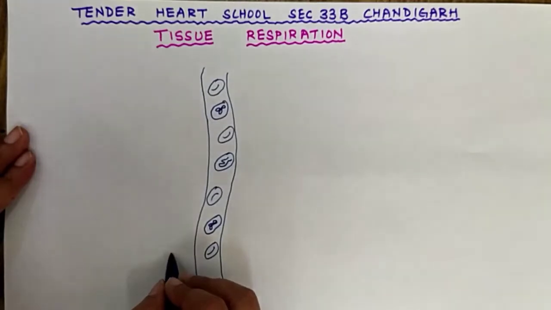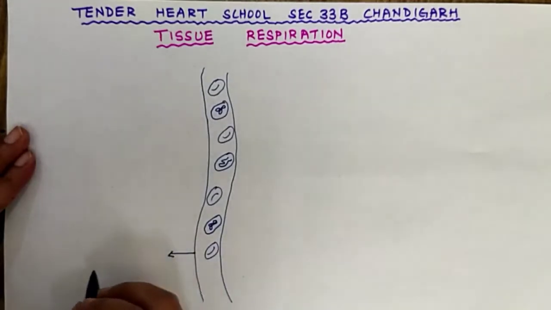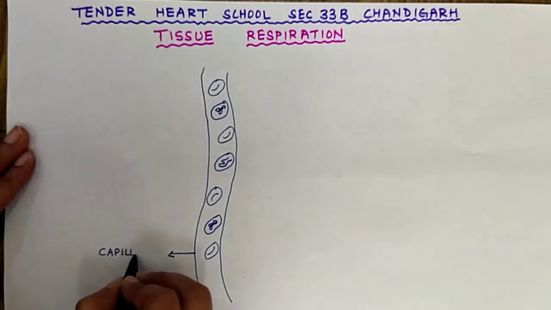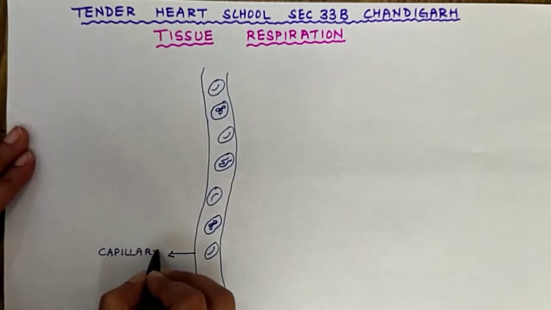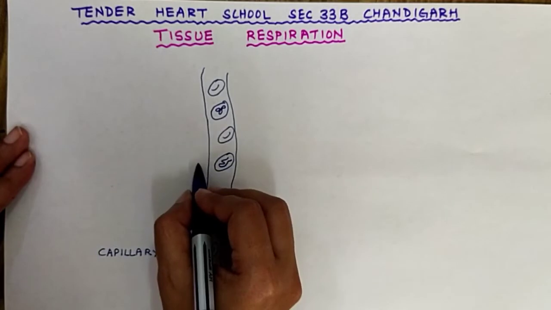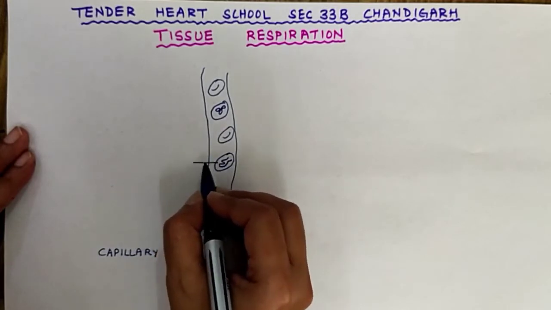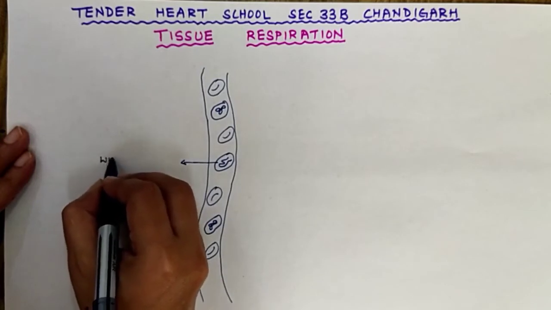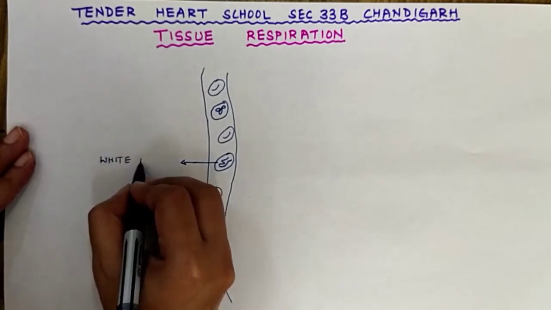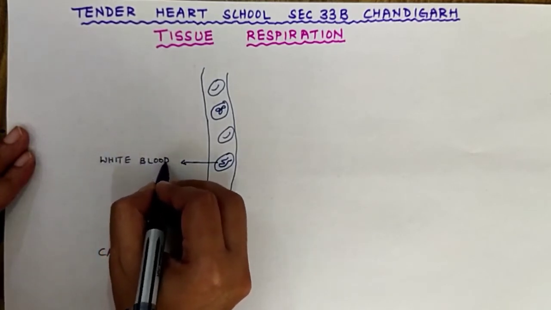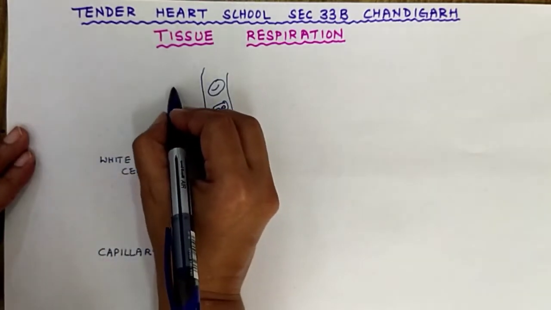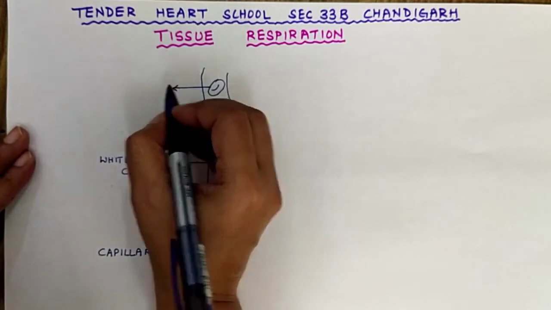We have drawn the capillary. This is the white blood cells. And these are the red blood cells.